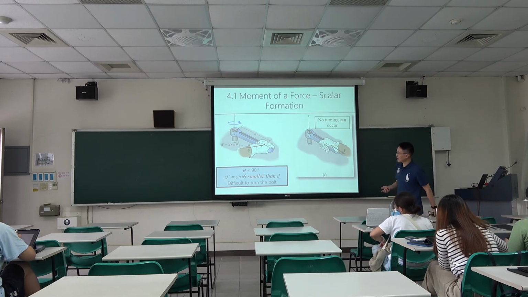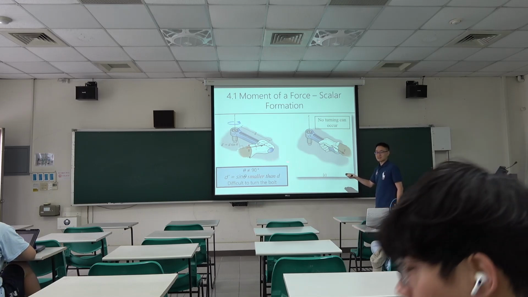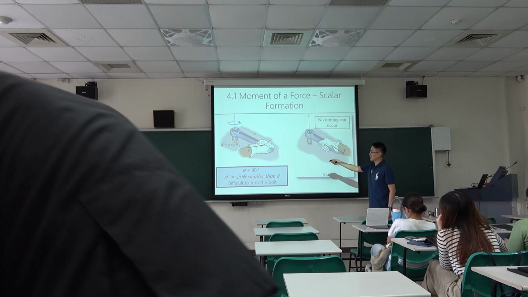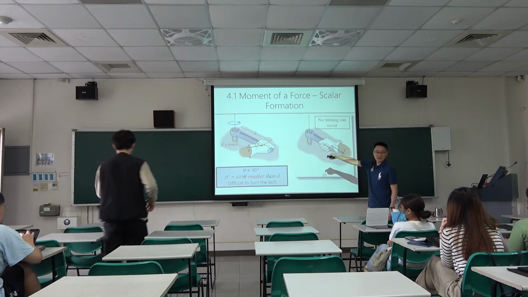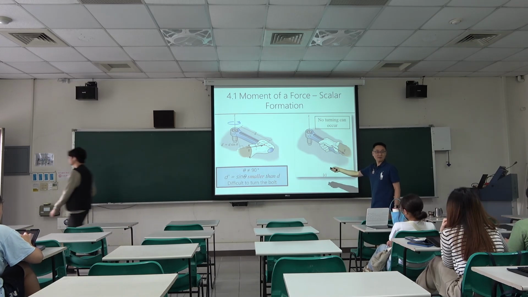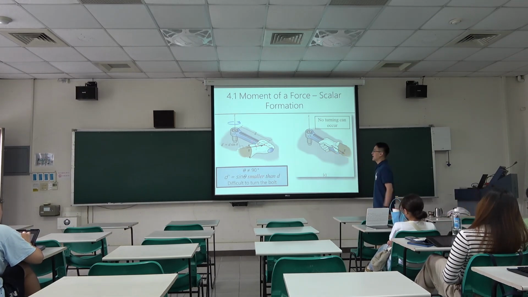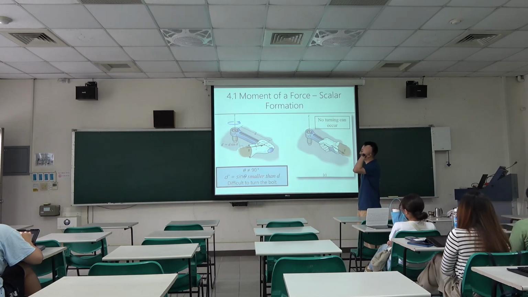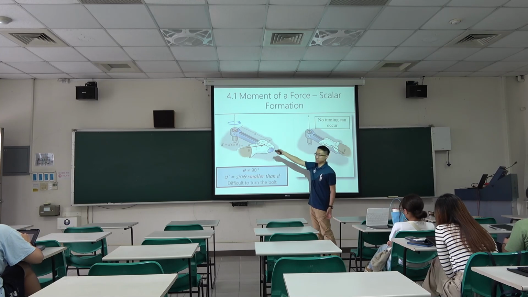Okay. Practically, it is possible the force we apply has a certain angle with the lever arm. Okay, it's possible. We have a certain angle here. Therefore, based on this situation, we should use the correct distance.